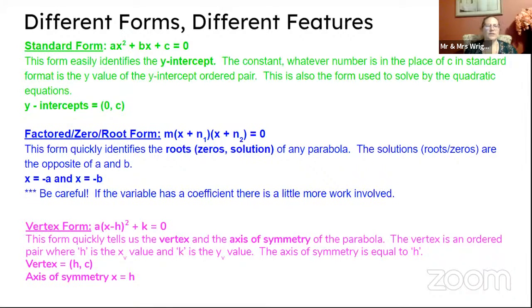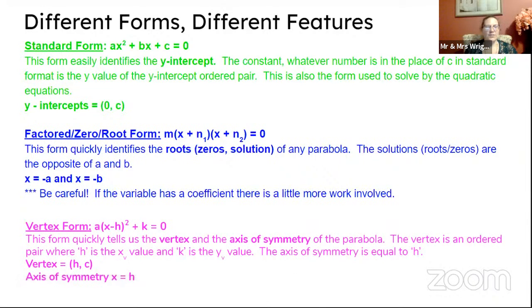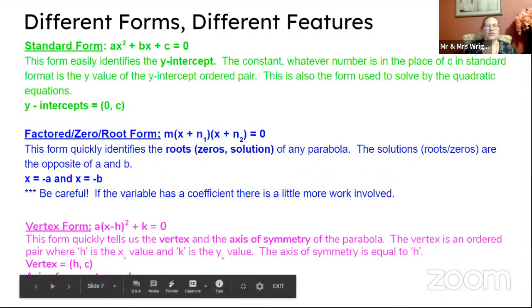And then the last one is the vertex form. That's what we were going over today. The vertex form allows us to easily find the axis of symmetry as well as the vertex. Our vertex is going to be (h, k). So h is the x value of our vertex and k is the y value of our vertex.